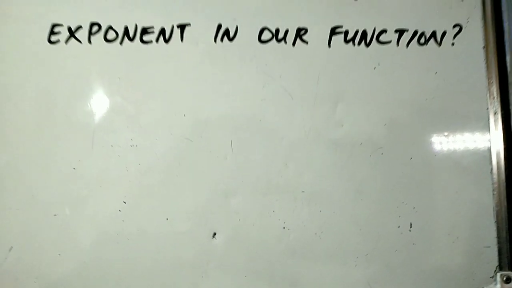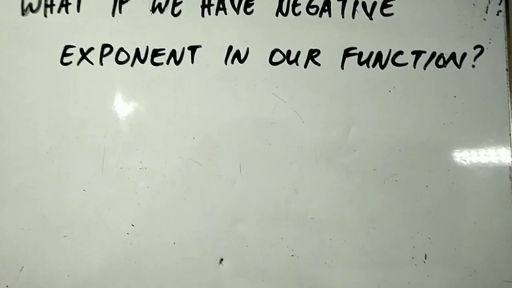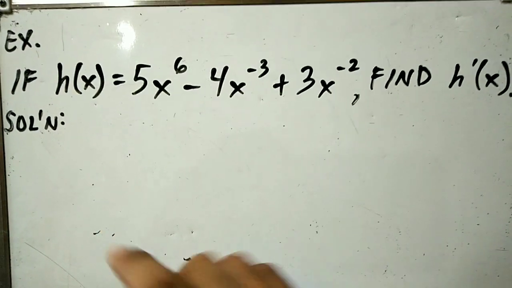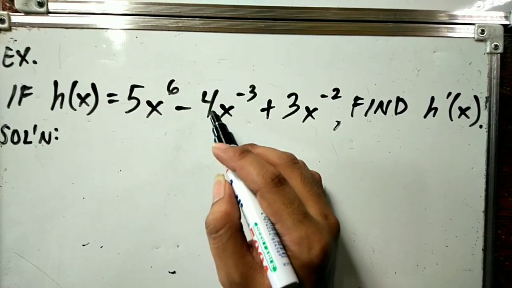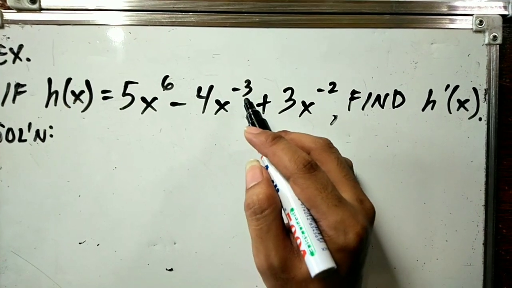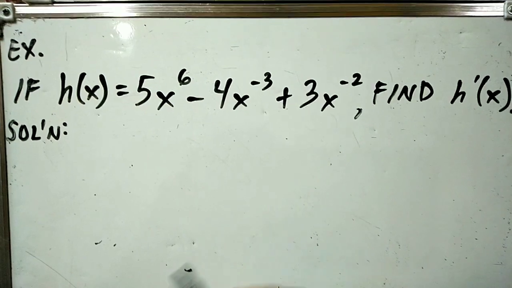Another question na naman. Okay, last na po to. What if we have negative exponent in our function? Example, if h of x equals 5x to the power of 6 minus 4x to the power of negative 3 plus 3x to the power of negative 2, find the derivative.